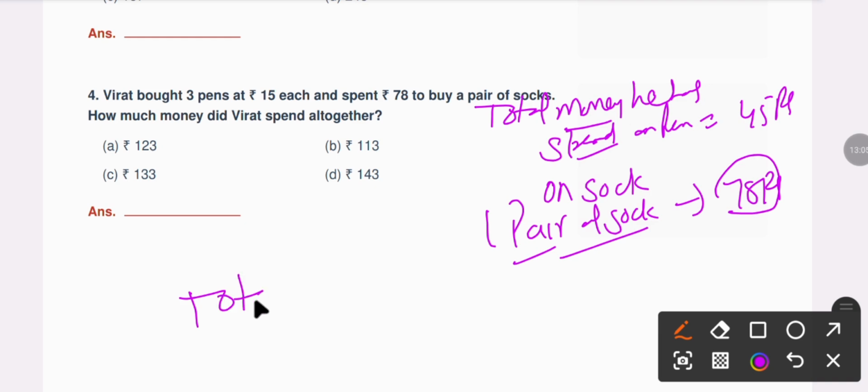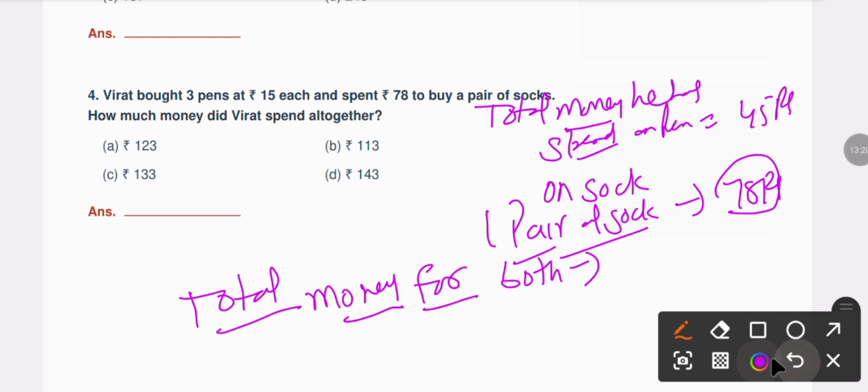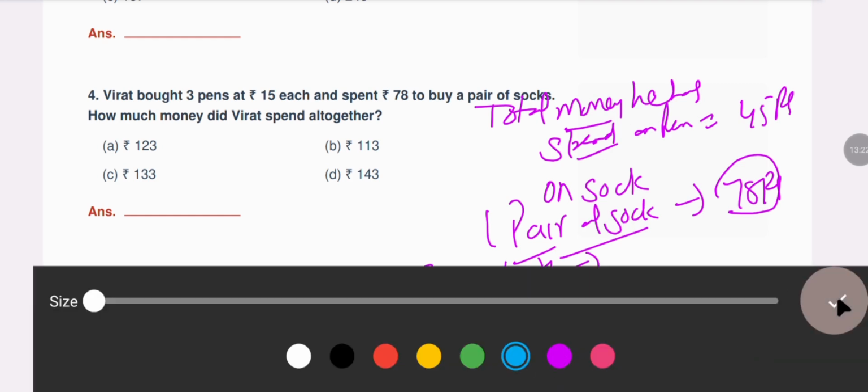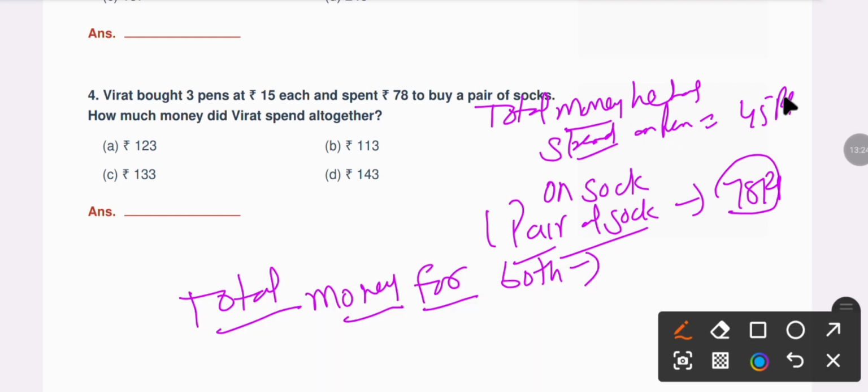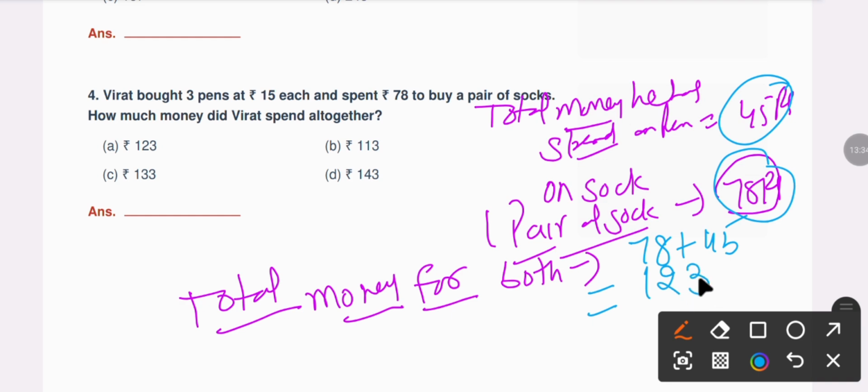Now total money for both pen and socks. So 78 plus 45 is equal to 123 rupees.